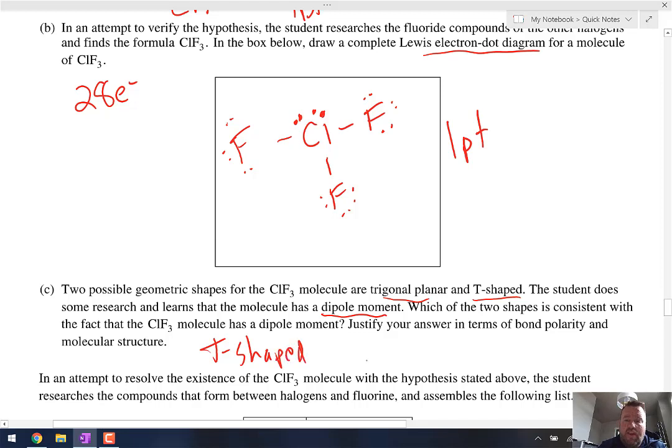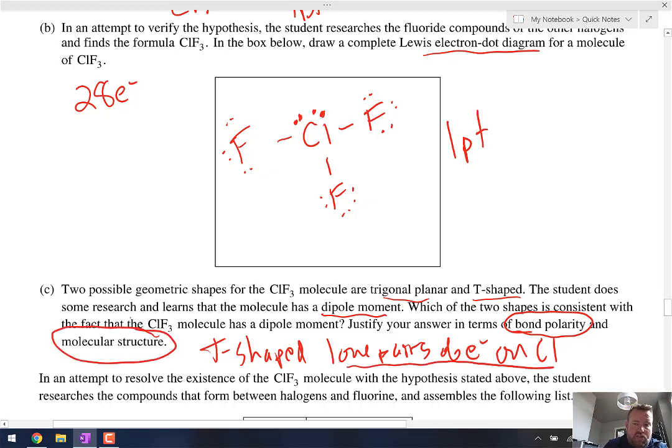Okay, and then you would say that it's T-shaped because the lone pairs of electrons on the chlorine atom, again, does not allow the bond dipoles to cancel. So there I am talking about bond polarity. So I talked about the lone pairs of electrons on the chlorine. So there I'm mentioning the molecular structure.